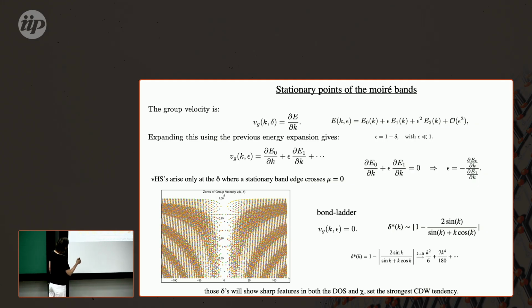Those delta, which can be approximated in this manner, are quadratic with k, and will show charge features in both the density of states and also in the susceptibility, which suggests that the system could have, around those points, perhaps charge density wave instability.